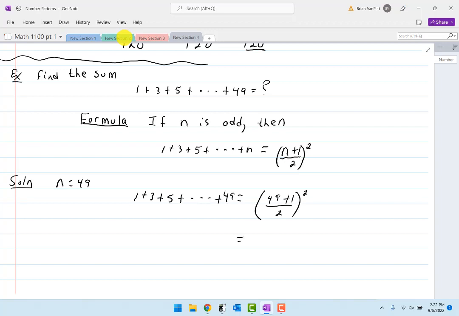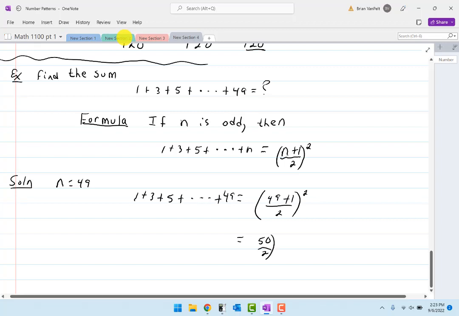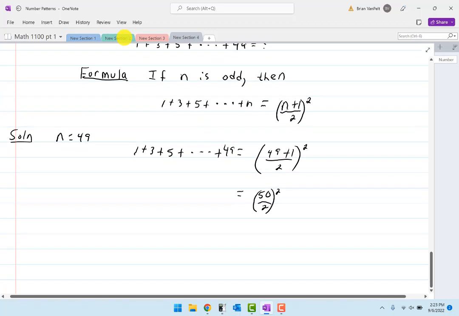And that will equal (50 over 2) squared. And that will then equal 25 squared, which is equal to 625.